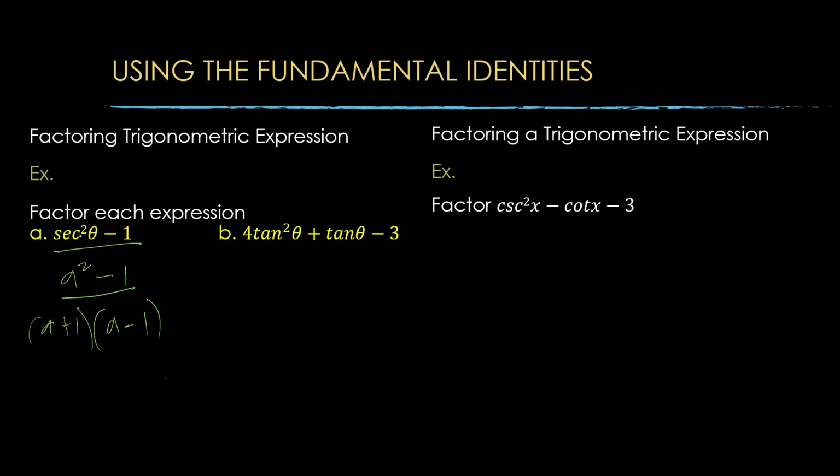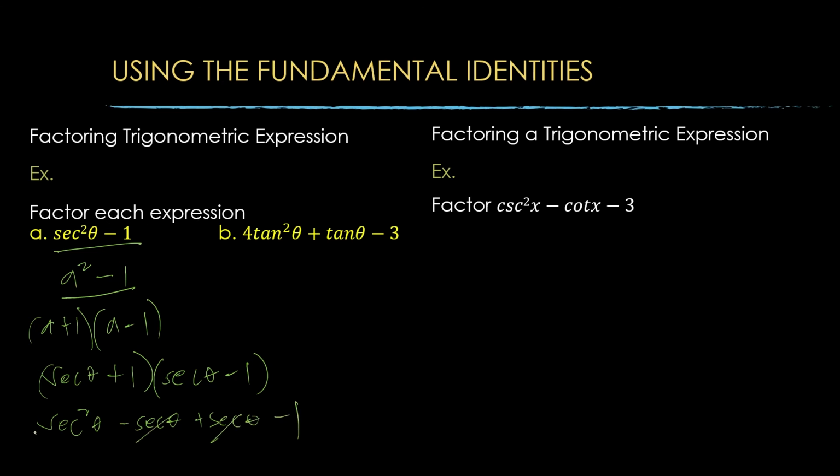If our a is secant theta, then the factors are secant theta plus 1 multiplied by secant theta minus 1. Again, if you multiply this out, you'll get secant theta squared, minus secant theta plus secant theta, minus 1. Secant theta and minus secant theta cancel out, and you'll be left with this one. So, the factors are these two.